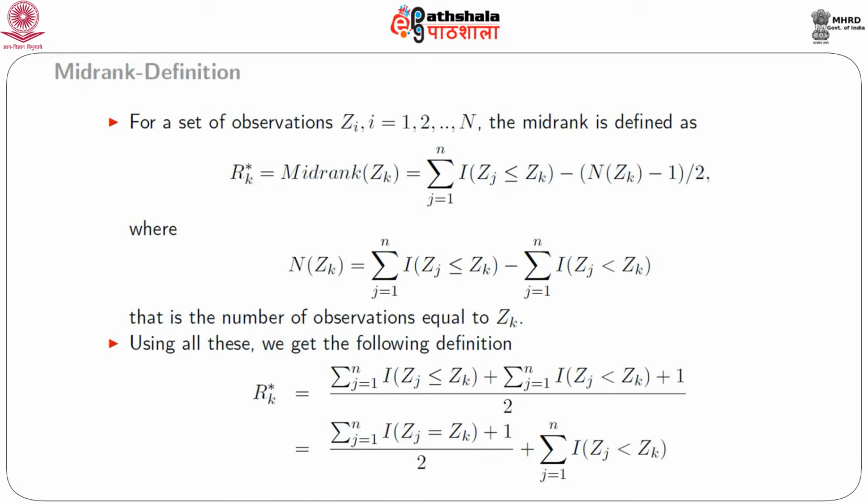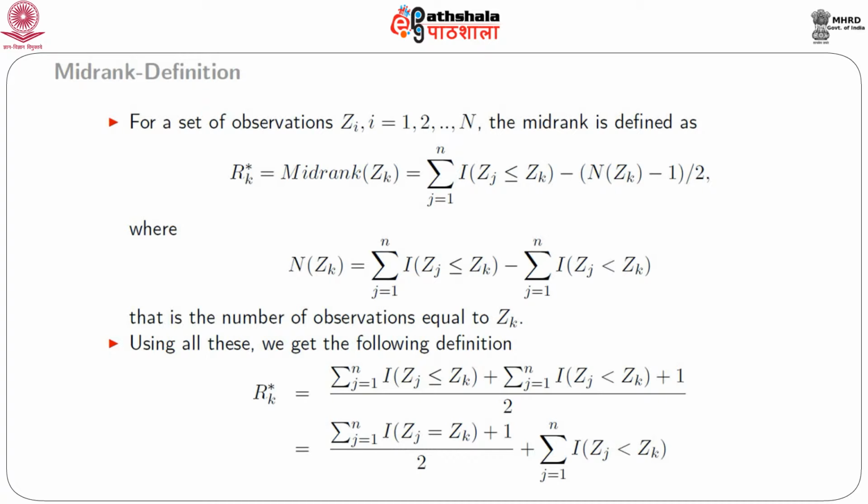So now we shall define mid-rank mathematically. For a set of observations Zi, i from 1 to n, the mid-rank is defined as Rk star, which is the sum of the indicators Zj less than or equal to Zk, where the sum runs from j from 1 to n, minus (n_Zk minus 1) divided by 2, where n_Zk is the number of observations equal to Zk.